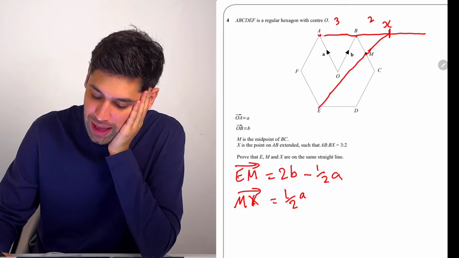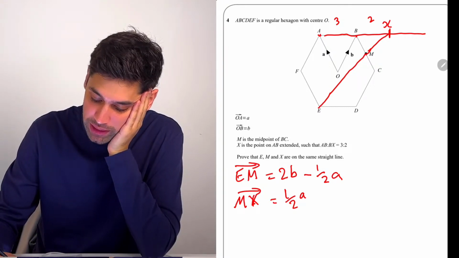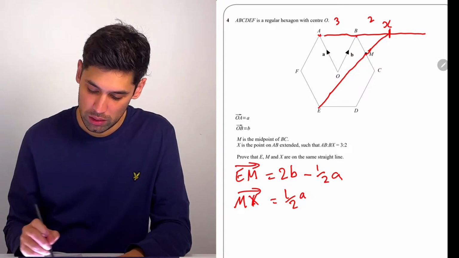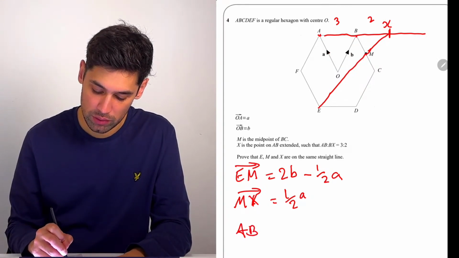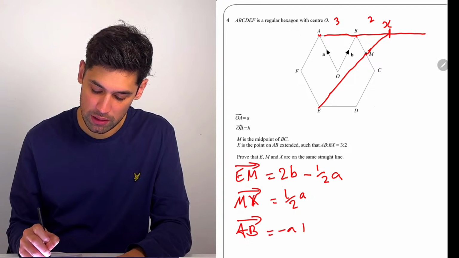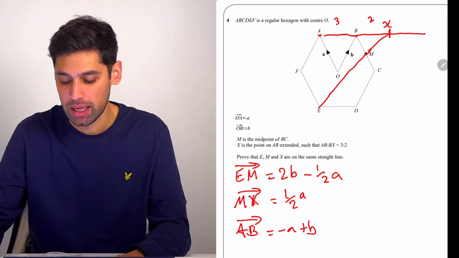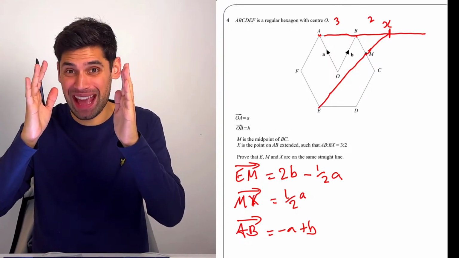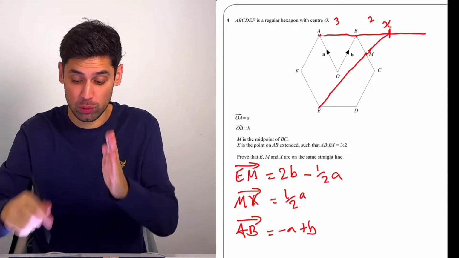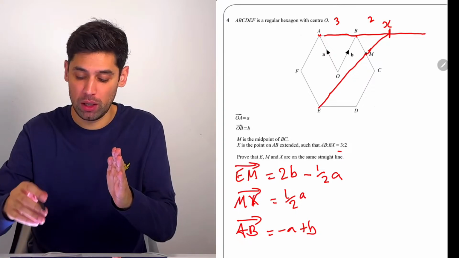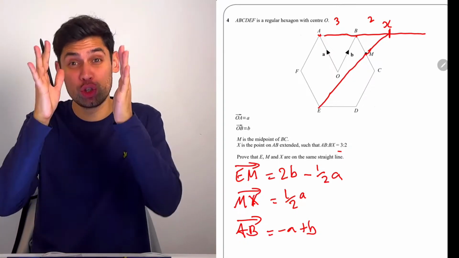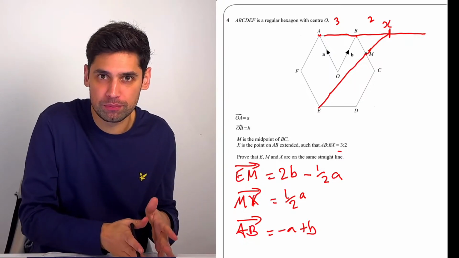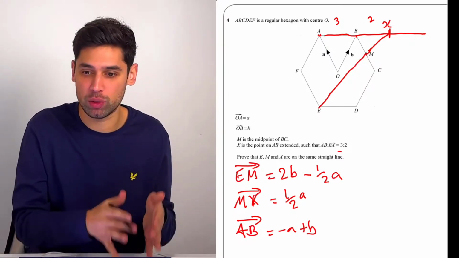Now, to get from A to B, that is going to be minus A plus B. So AB equals minus A plus B. BX, if AB is worth 3, BX is worth 2. That's what we were told in the ratio. That's what we've written up here. Which means BX is going to be 2/3 of the size of AB.